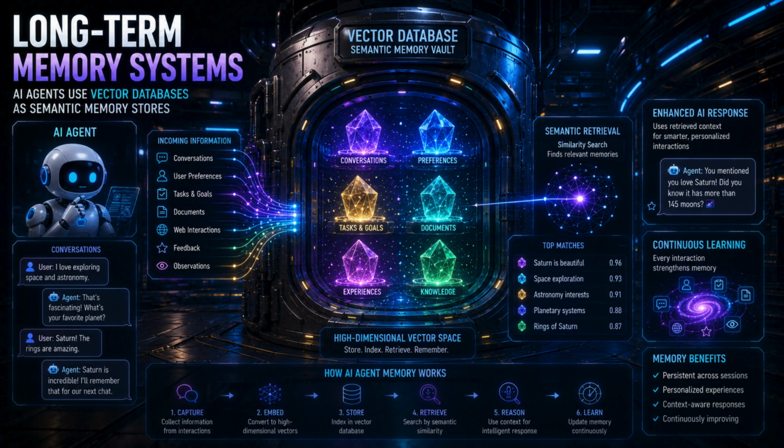AI agents also use vector databases because agents need memory. They need to remember conversations, user preferences, previous tasks, knowledge. All of this can be stored as embeddings, making vector databases the memory layer of modern AI systems.